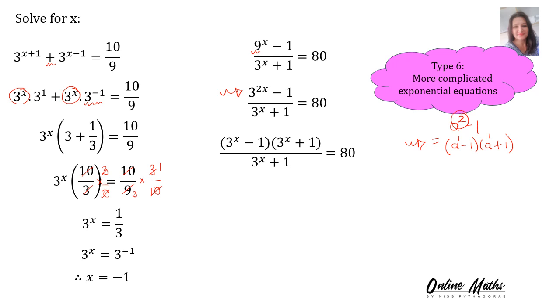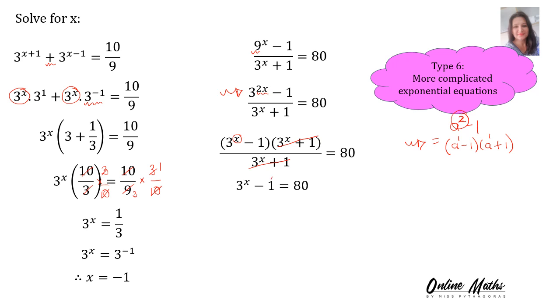And can you see this used to be 2x, and now the exponent is just x, because half of 2x is x. And now we can say 3 to the x plus 1 can cancel with this whole 3 to the x plus 1, and I'm left with 3 to the x minus 1 is equal to 80.